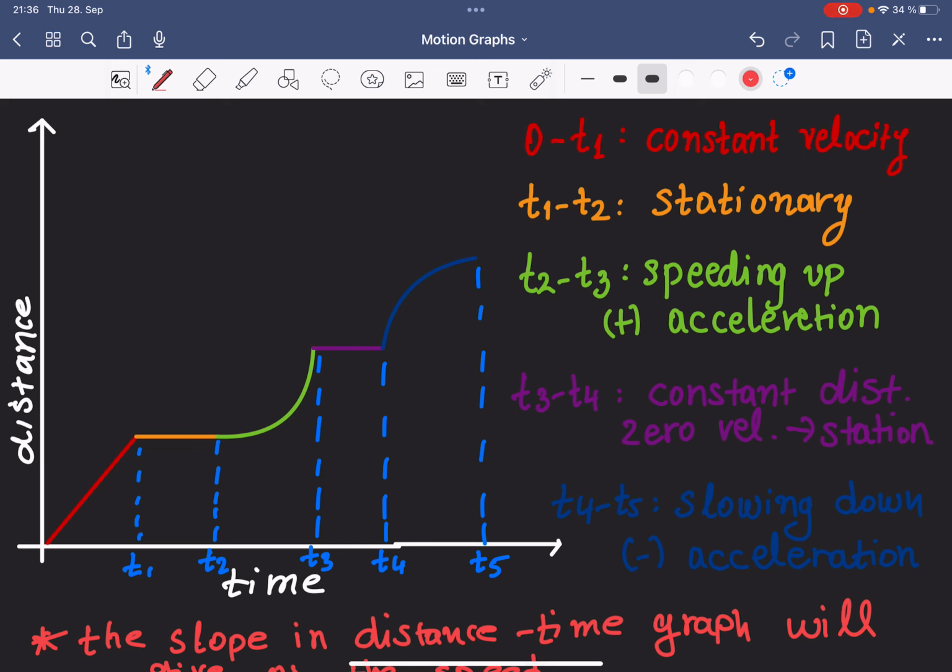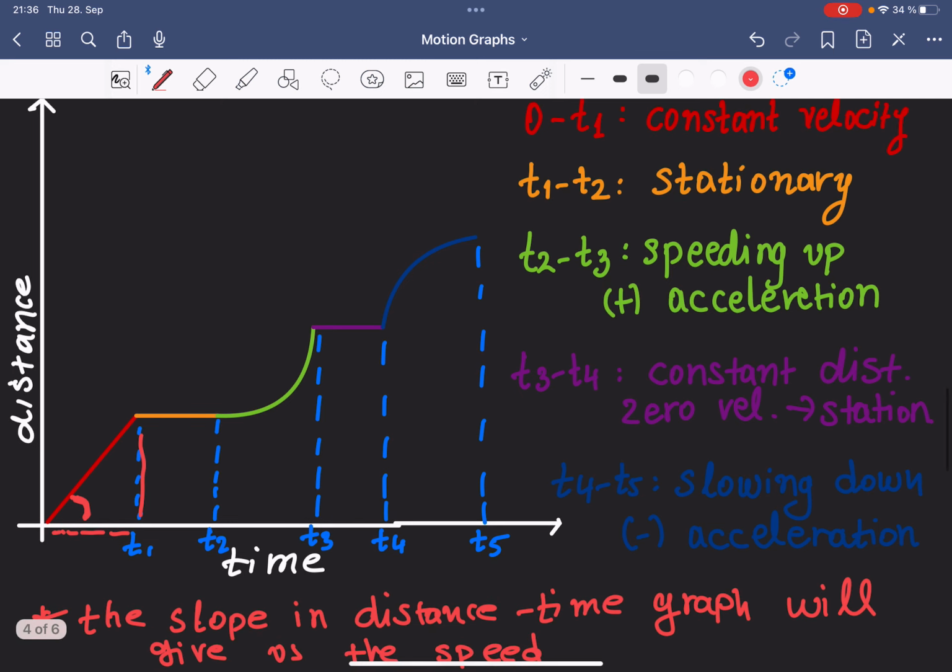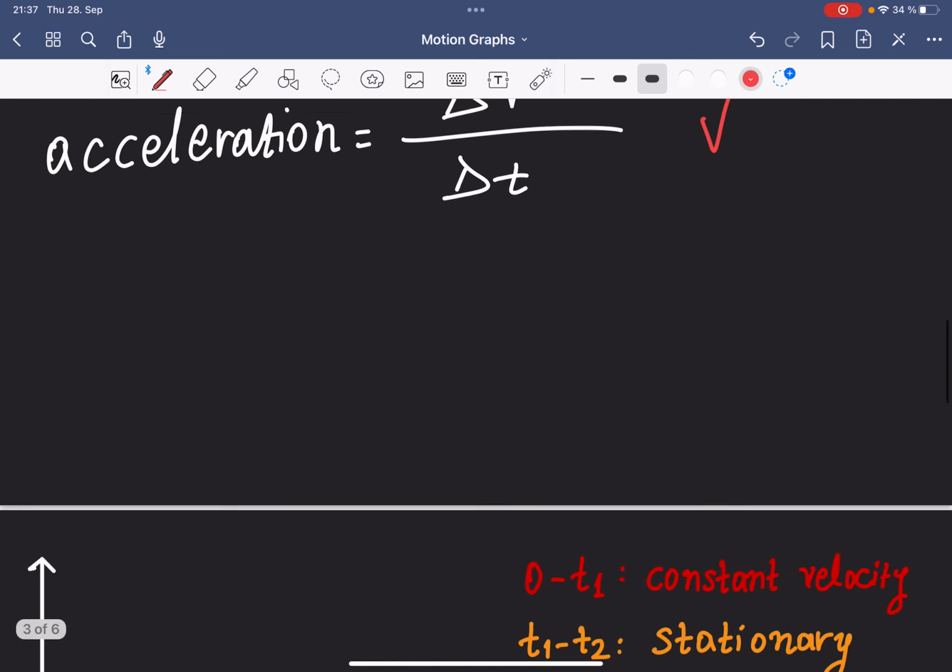So from 0 to t1, which is a random moment in time, we see that the gradient, if you were to define it, will be the rise over run, okay? The gradient is not changing, the gradient is constant. And we should know that the slope, the gradient in a distance time graph will give us speed. Why?